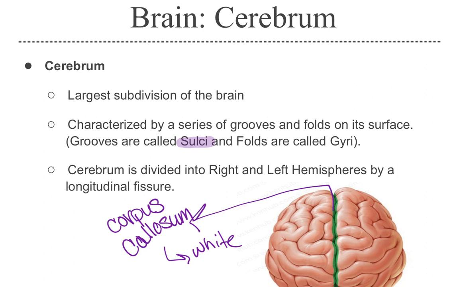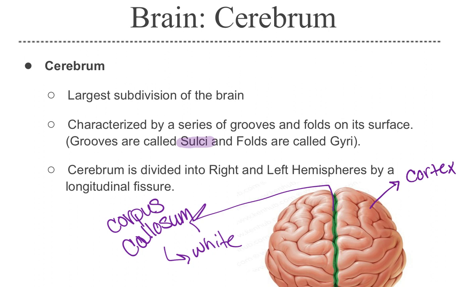So I spoke about the gray matter earlier, and that part of the brain is called the cortex. This is where we have conscious thoughts and voluntary actions, and the majority of the brain is actually composed of this gray matter.